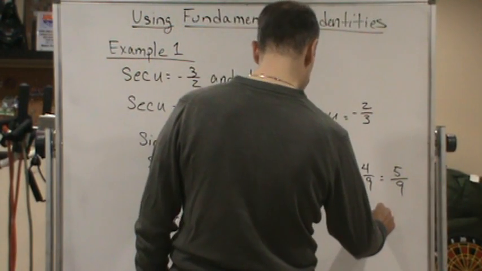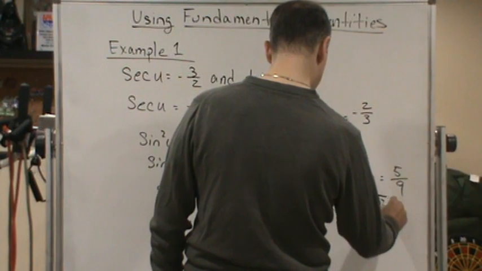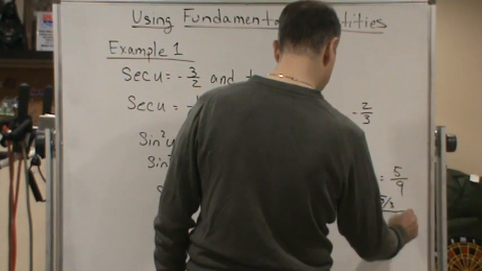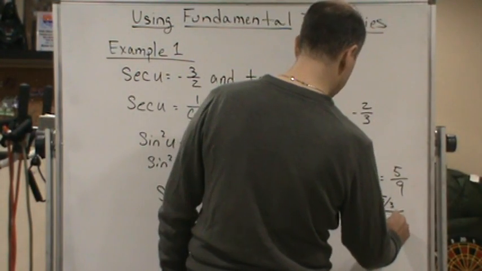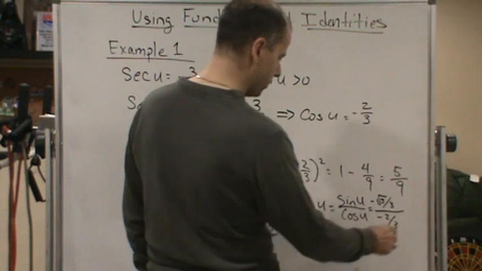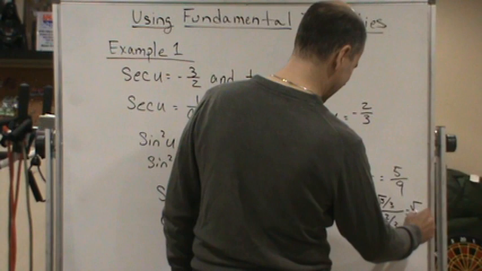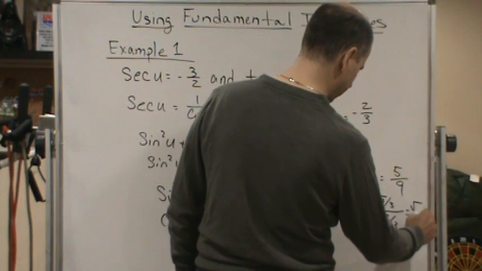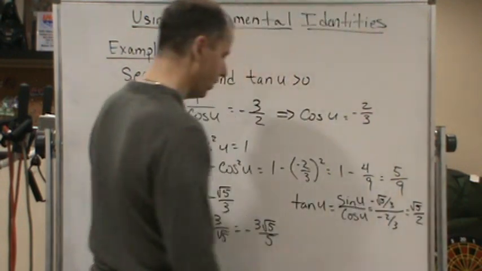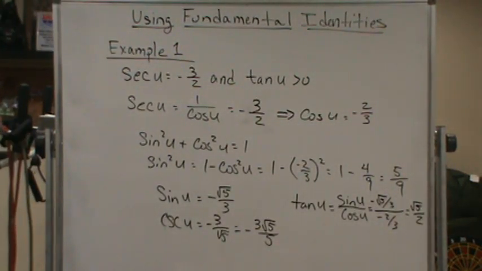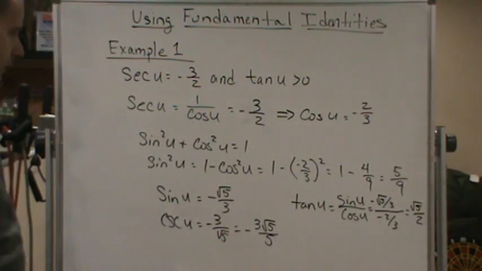So that means this is going to equal negative square root of 5 over 3 and negative 2/3, which is going to simplify to square root of 5 over 2. Which makes sense because we're told that tangent is positive.